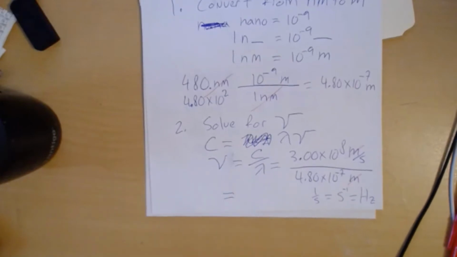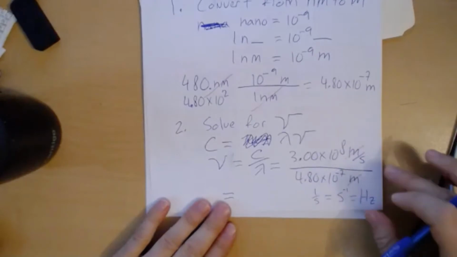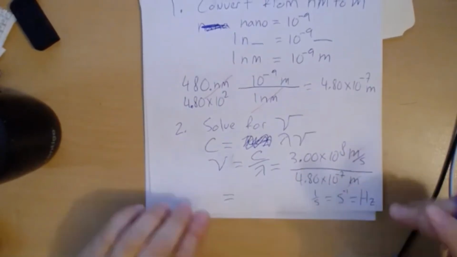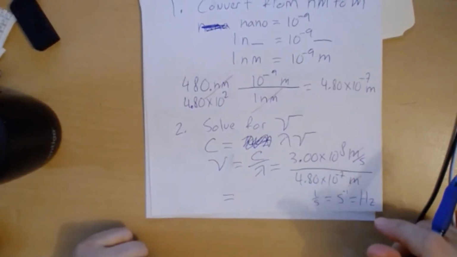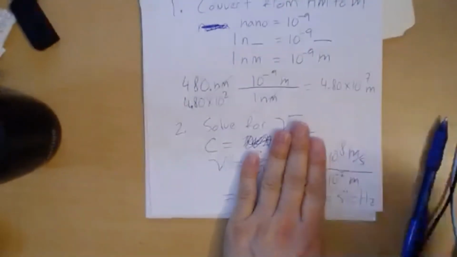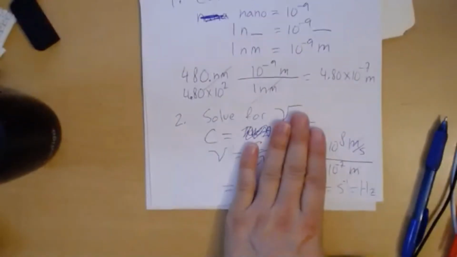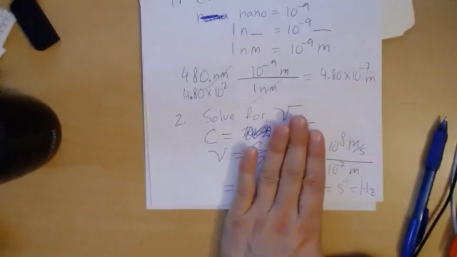I got 6.25 times 10 to the, well, it's 0.625 times 10 to the 1. No, it's not times 10 to the 1. Okay, let's be really careful here. So what's 10 to the 8 divided by 10 to the minus 7? Sorry, the pulsing of the camera. It's trying to focus on my hand at the same time.